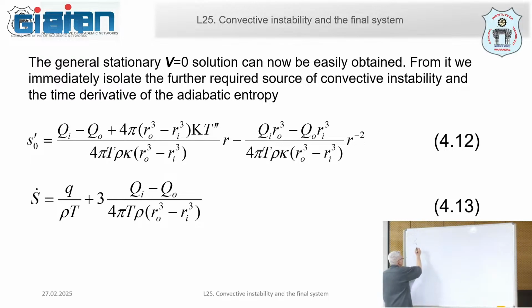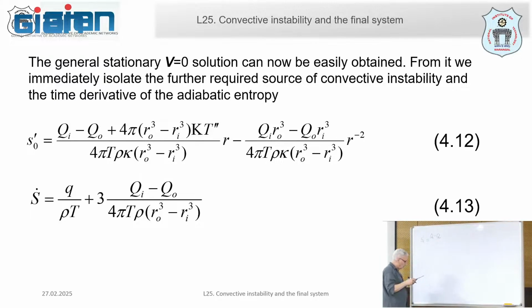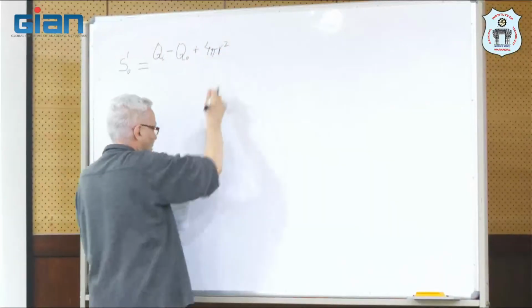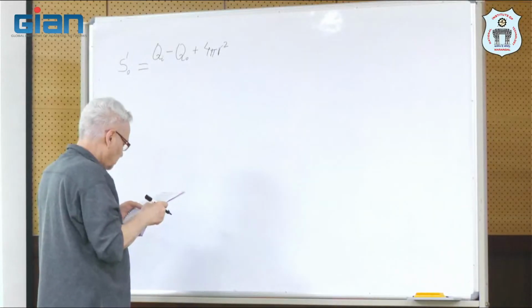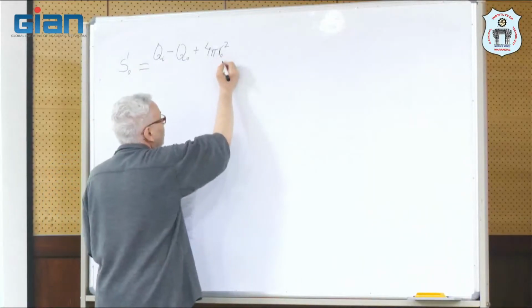And this can be represented via the input heat flux minus output heat flux, which is given, of course. Then it has the adiabatic heat flux contribution, which works here on all the sphere. Again, RO.